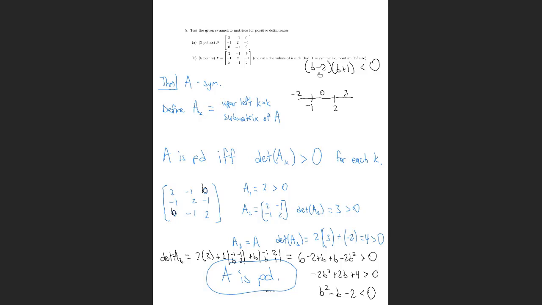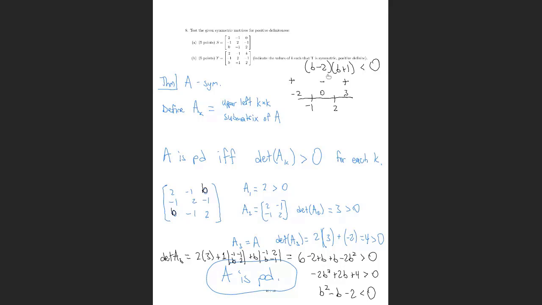So plug in negative 2, it's going to be positive. Plug in 0, it'll be negative. Plug in 3, whoops, negative. If you plug in 3, it's going to turn out to be positive.